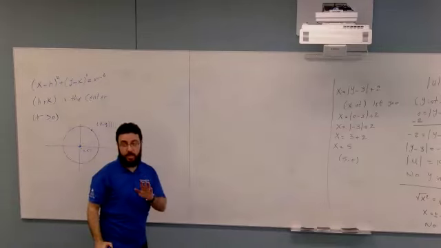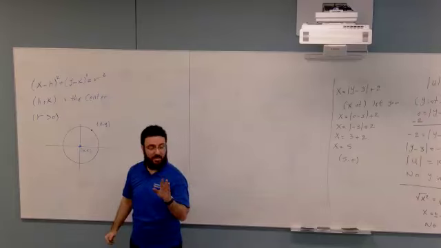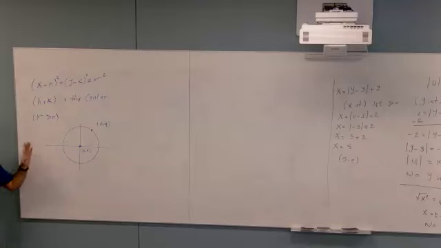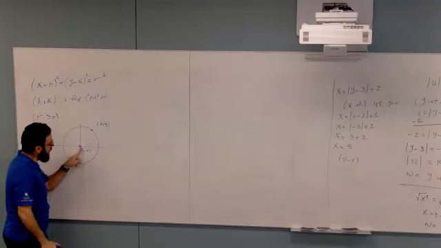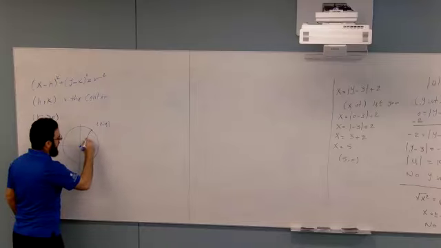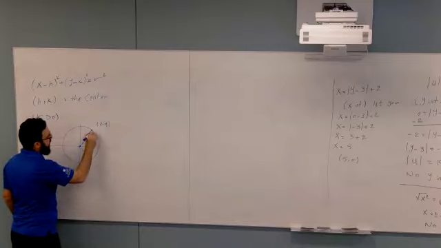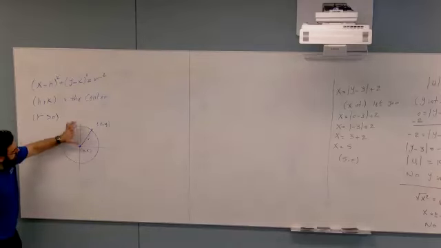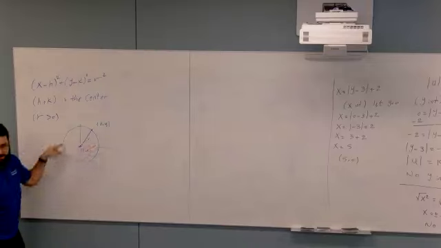The distance between the center and any point is the radius. So when you have the radius, you can figure out the circle.